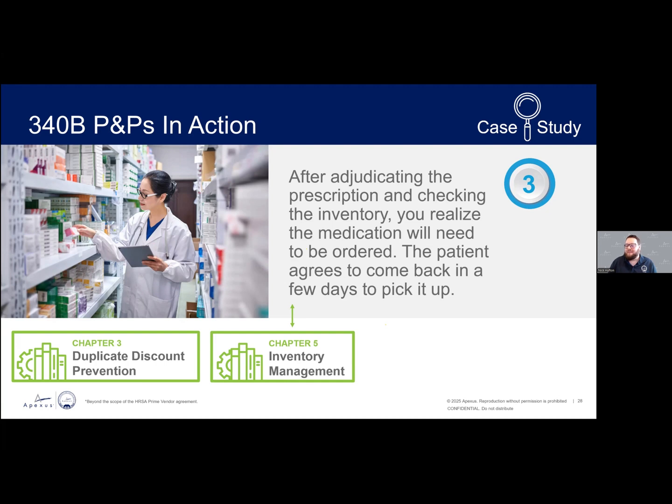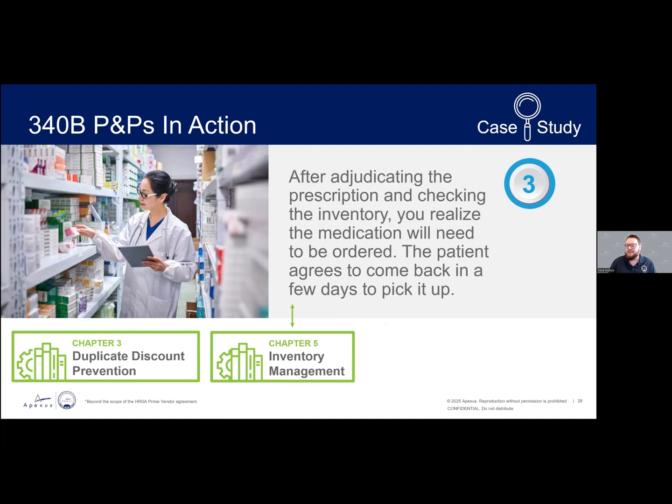Next, we discover that the medication will have to be ordered. Ordering and procurement procedures would be documented within the inventory management chapter of our 340B policies and procedures, where our inventory model, whether it's separate physical inventory or replenishment inventory or a hybrid model, along with the purchasing, receiving, storage, and replenishment process for 340B drugs in each different setting, is outlined and discussed in detail.